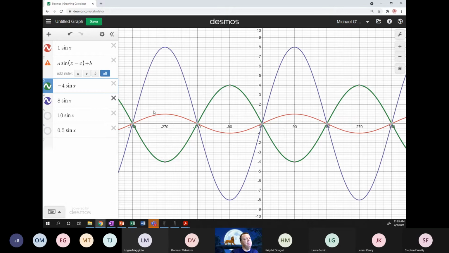So if it's positive, the purple one, it's going to go up at the very start, then down, away you go. And this one goes down first, okay? If we were thinking about it as like a roller coaster, if we got on the roller coaster here, if it's positive, we have to go uphill first before we hit the big downhill. If it's a negative, once we get on that roller coaster, it starts with a downhill, and we go from there.